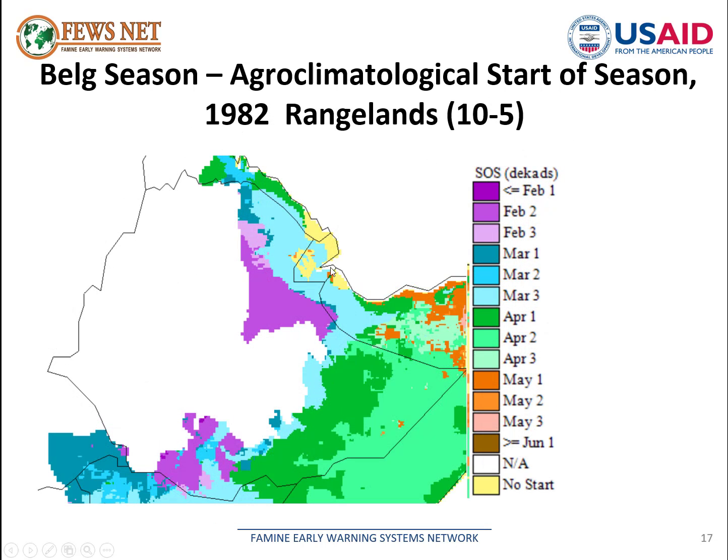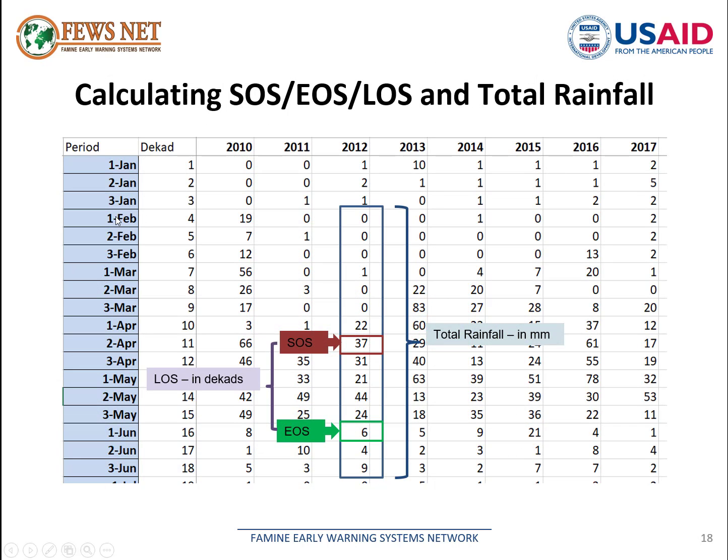And for the pastoral areas, we use the 10, 10 and 5 to start the season. We're going to start looking for the start of season on decade 4. Then we find 25 millimeters or more, and then we find 2 decades that add up to 20 or more millimeters. Then we say that this is the beginning of the season.